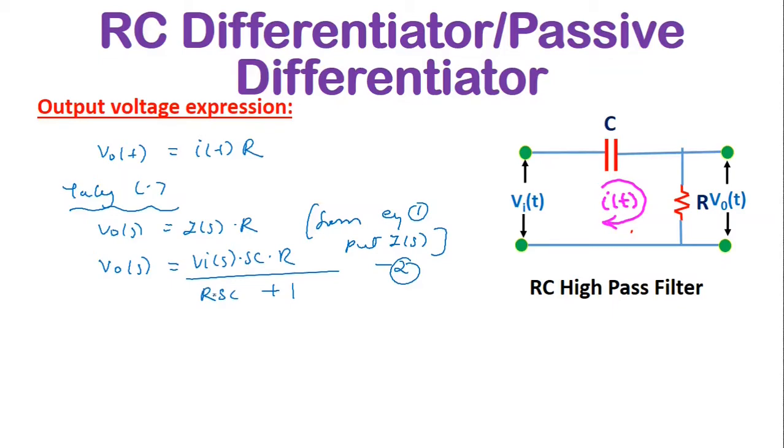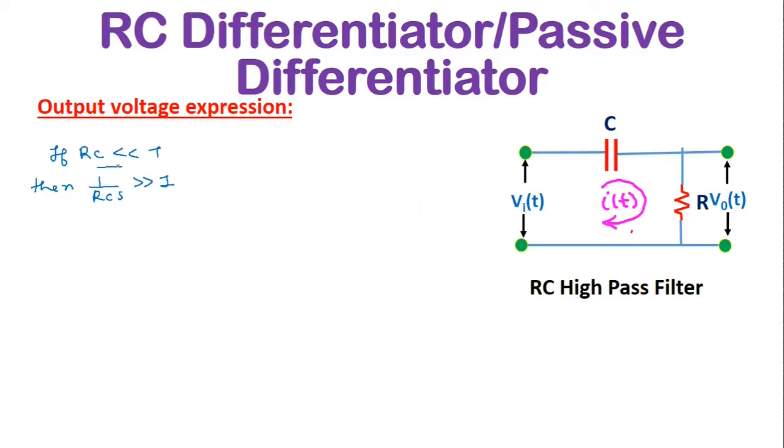Now we will take common RsC from the denominator, then the numerator RsC and denominator RsC will be cancelled out, and we will get Vo(s) is equal to Vi(s) whole divided by 1 plus 1 upon RsC. If this RC is very much smaller than T, that means if RC is very much smaller than the time period T of the input signal, then 1 upon RCs in the denominator will be very much greater than 1.